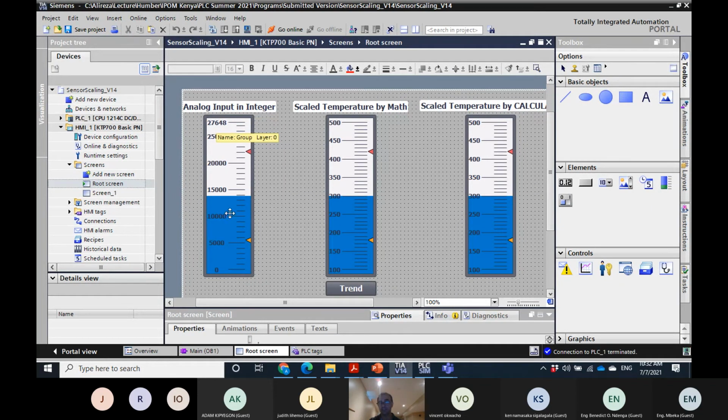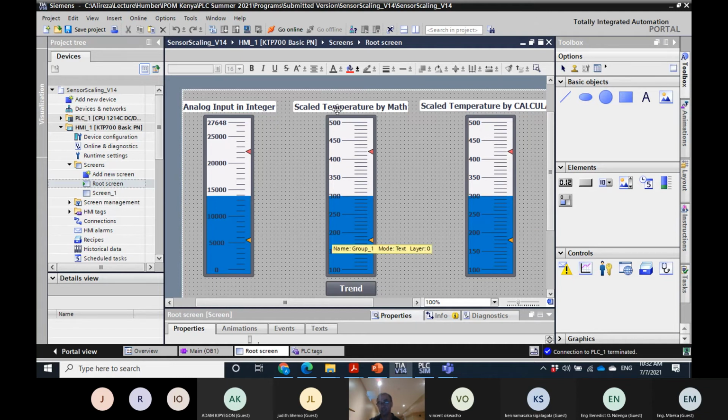So it is the unscaled value, the raw data read by the analog input signal, and here is the scaled value calculated by the math functions, and this is again the same scaled temperature by the calculator.